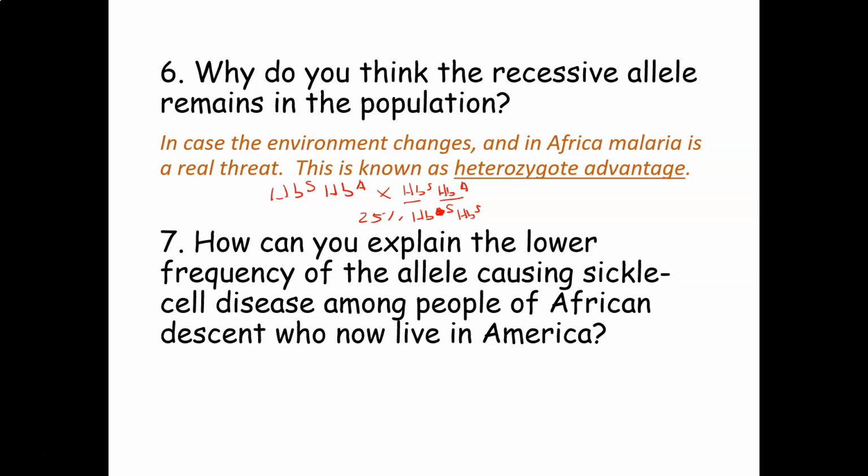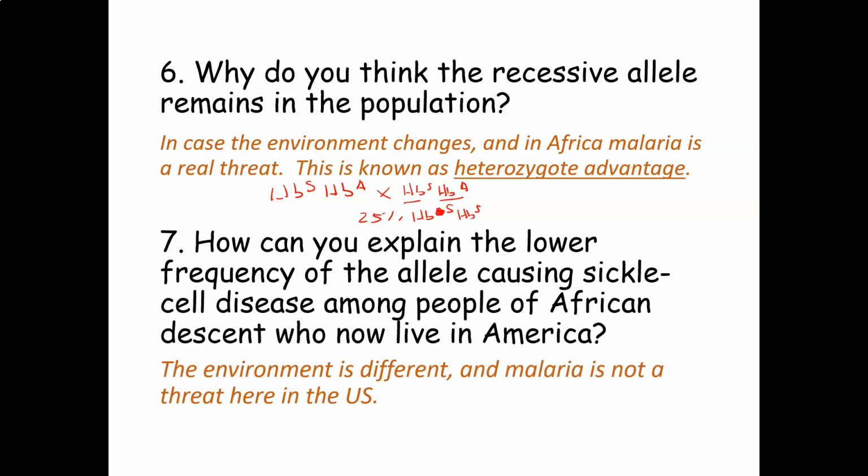Okay, let's take a look at number 7 then. If there's this idea of heterozygous advantage, why do we see a lower frequency of the allele causing sickle cell disease in African Americans as opposed to what we see as a frequency in Africa? The case here really is that the environments are different.